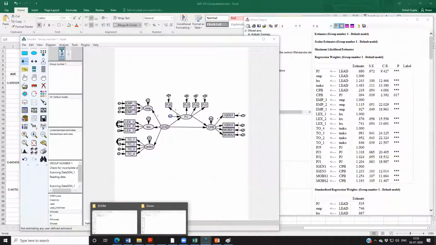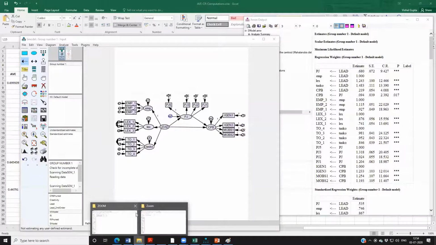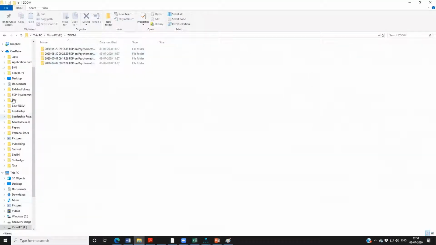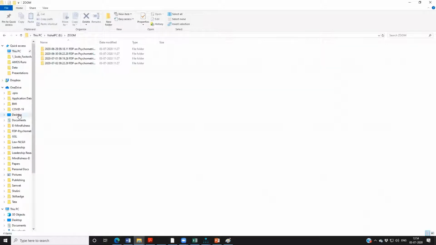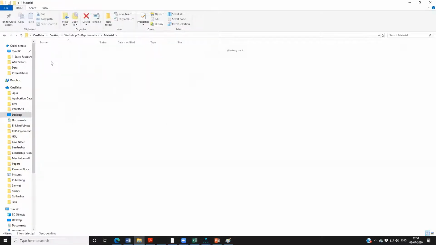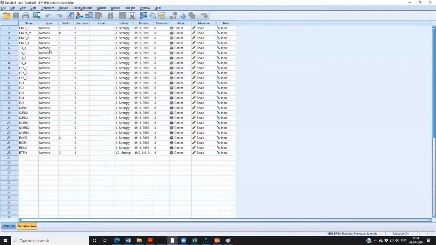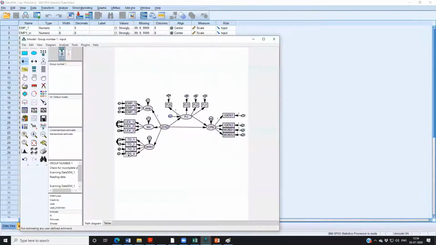I will open the data that we had, and I am going to create parcels because I have tested that EMP1, 2, 3 are reliable items. That means there is good reliability.